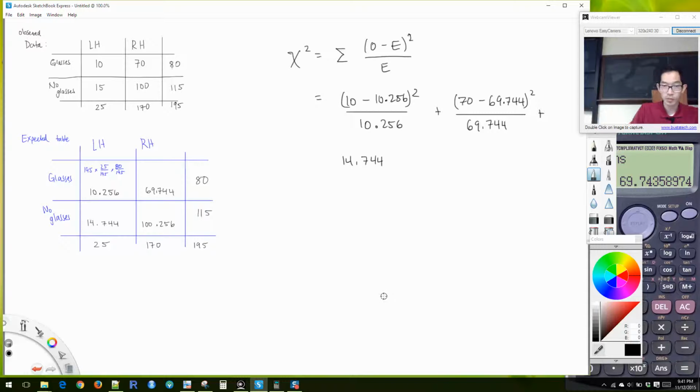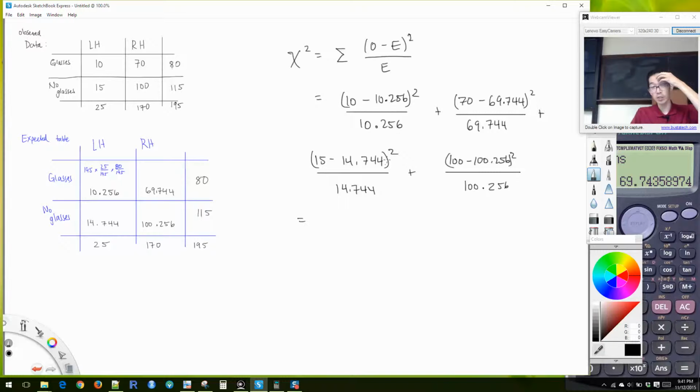15 minus. So one interesting thing is that if you have 1 degree of freedom, the numerators, only the numerators, end up being the same. And that's only if you have 1 degree of freedom.